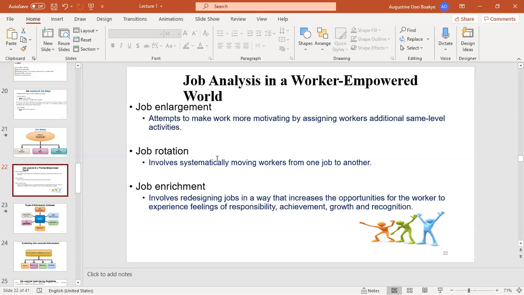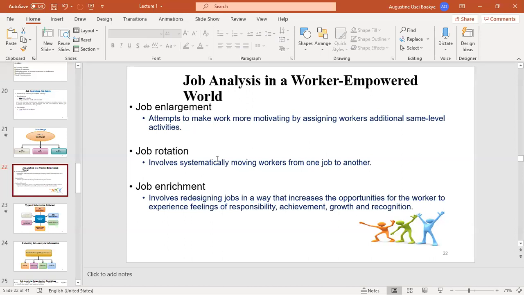Now, this intention of moving the employee around in the organization is done with some amount of systematicity. In other words, you don't shuffle the employee around haphazardly, but there should be a logic or an objective behind every movement that you embark on.